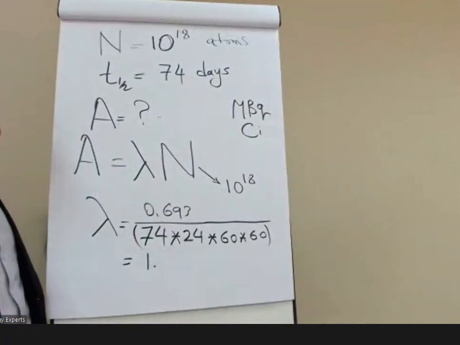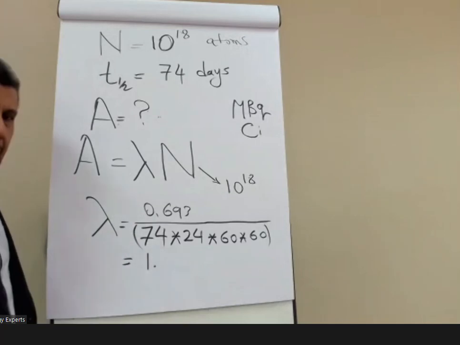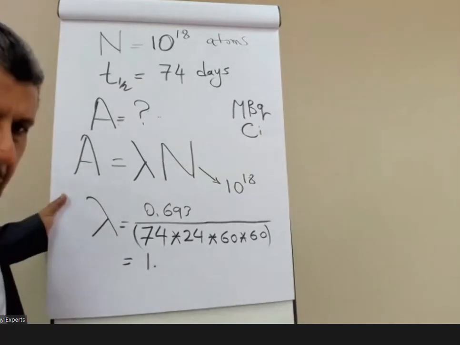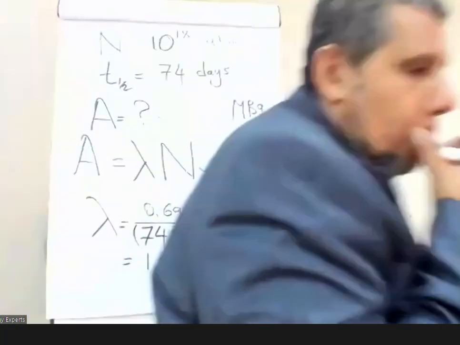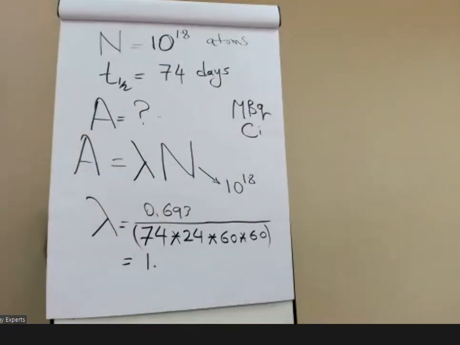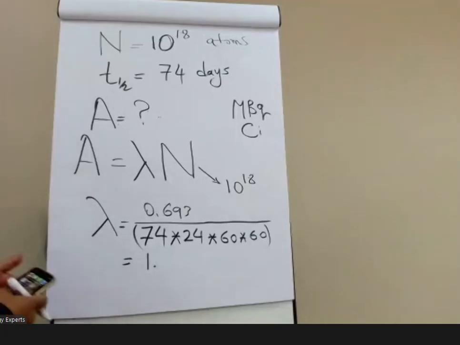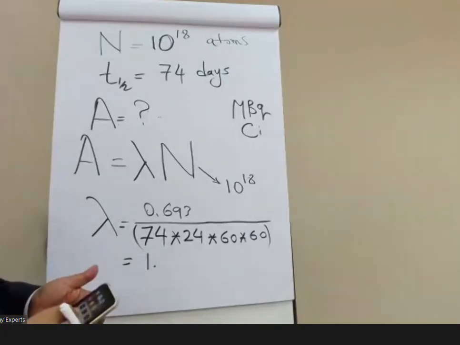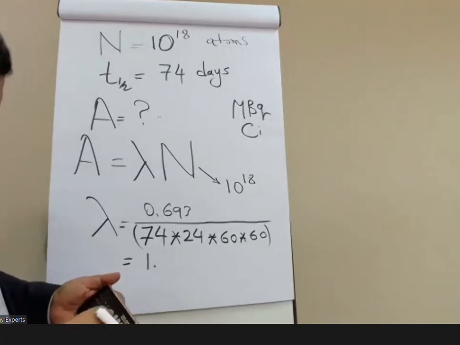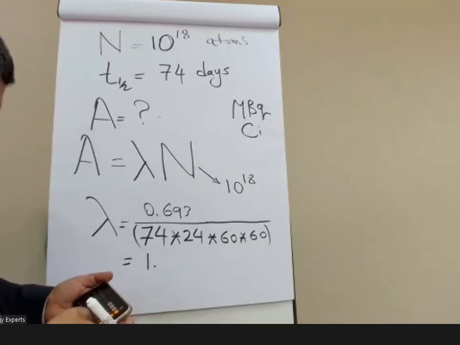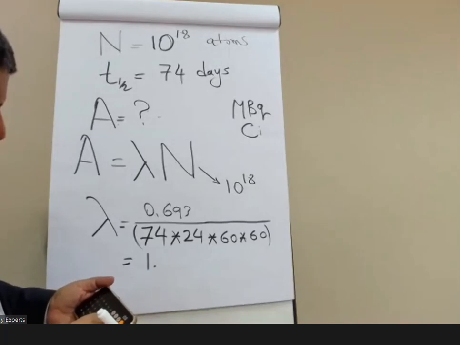Then I put 1.08 into 10 to the power minus 7. Okay, wait a moment. Excuse me, I will use the calculator here. But it is 1.08 into 10 to the power minus 7.